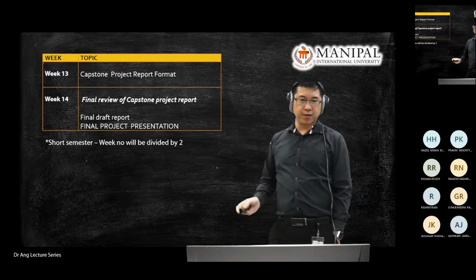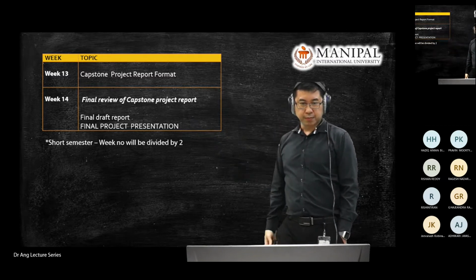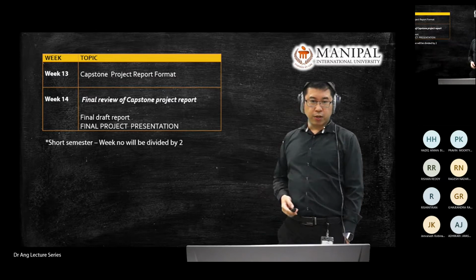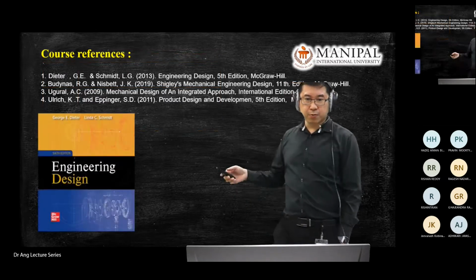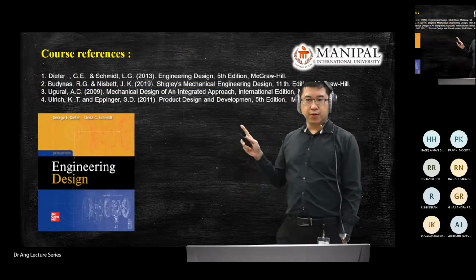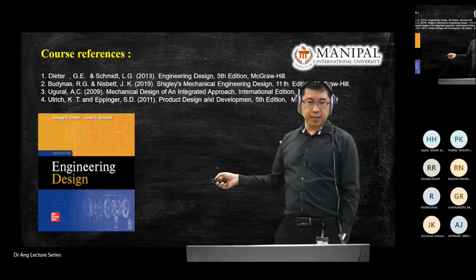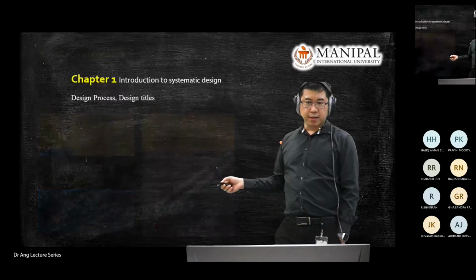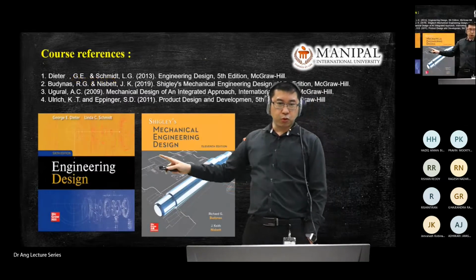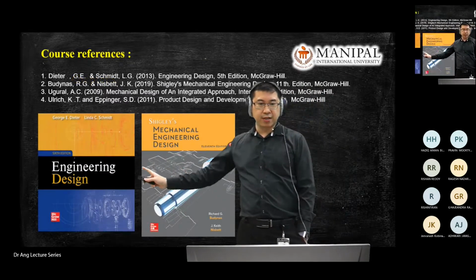But we put this one in the last week of the semester. So this is how we do it, and these are the textbooks that I will be using for Capstone Design 1. I just put some textbook photos or covers.